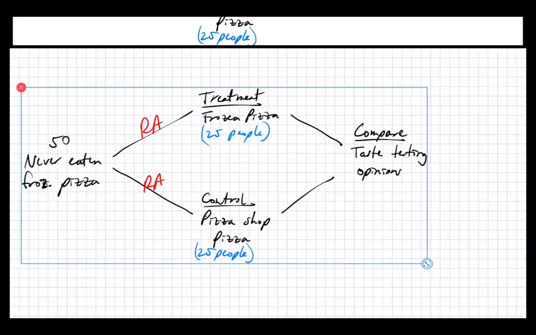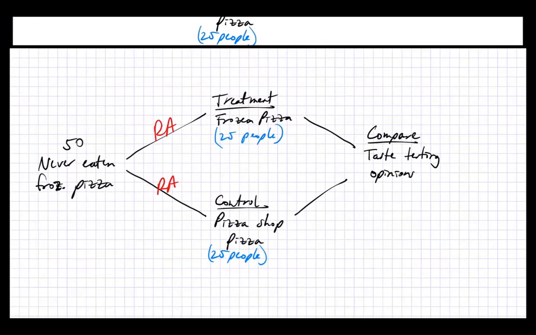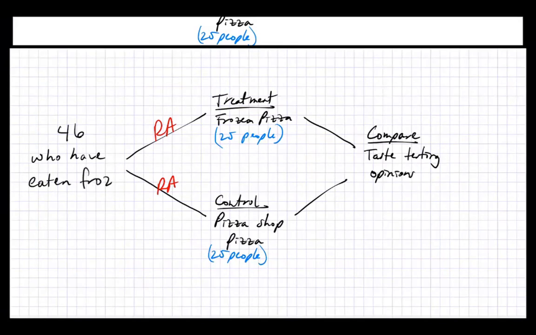They don't want to put people who have never had frozen pizza together with people who have had frozen pizza, even though they're pizza lovers, because it says at the beginning they're pizza lovers. And these aren't going to be 50. There's 46 who have eaten frozen pizza. Okay.